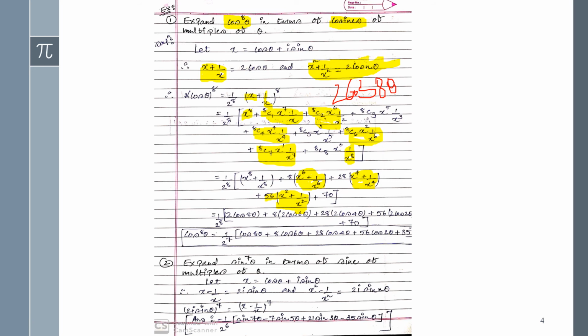This is for the 8 power, so that will be 2 cos 8 theta. This one is for 6 power, so it will be 2 cos 6 theta. Similar for this one, it will be 2 cos 4 theta, and then 2 cos 2 theta. And this one will be as it is, because x4 x4 will be cancelled, and 84 by 2 will be 70. So I have written here 70.